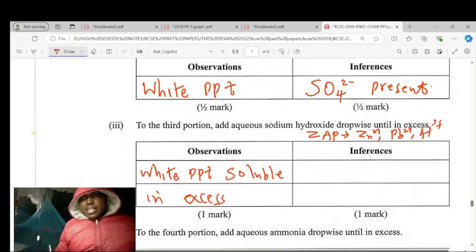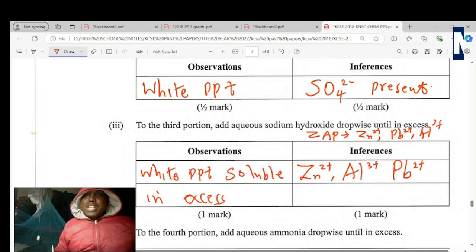So if you write zinc 2 present, aluminium 3 present, and then you don't know how to eliminate and you have written lead 2, now this one will cancel the whole answer. The lead will cancel the whole answer. This is correct.